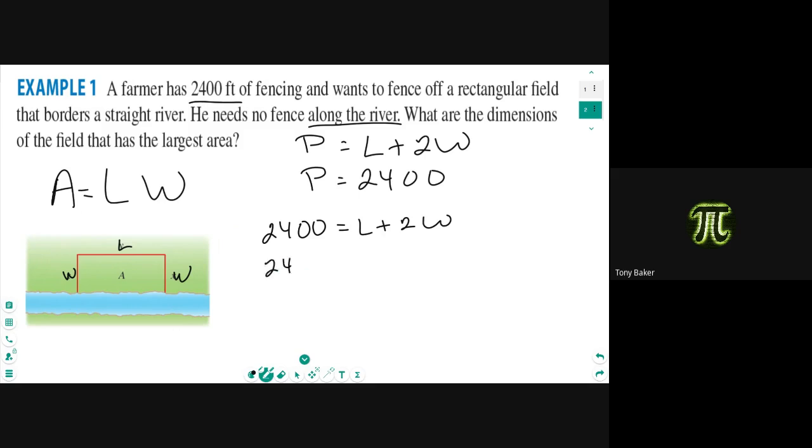So I have 2,400 minus 2W equals L. Because now I can take my area equation and do 2,400 minus 2W times W. Hey, look, I have a polynomial now.